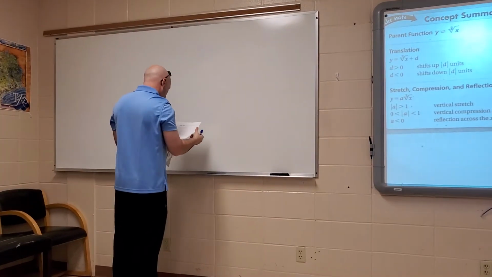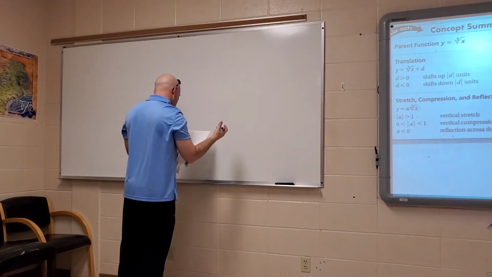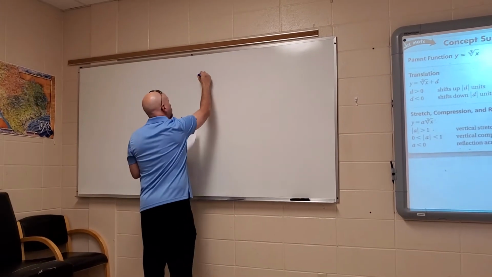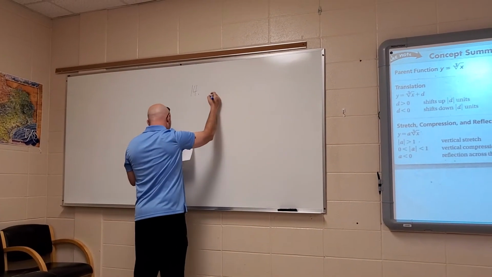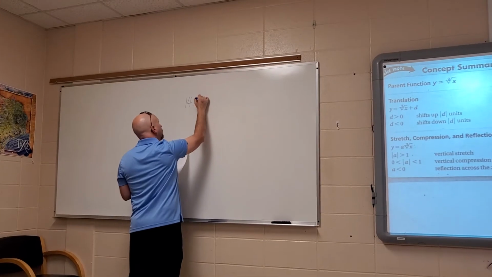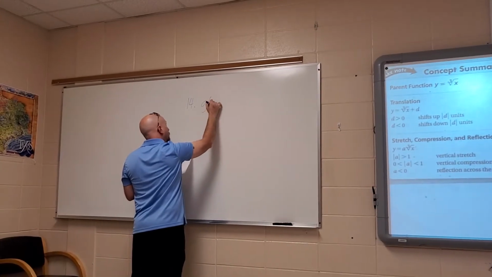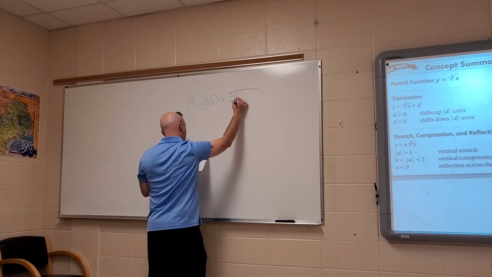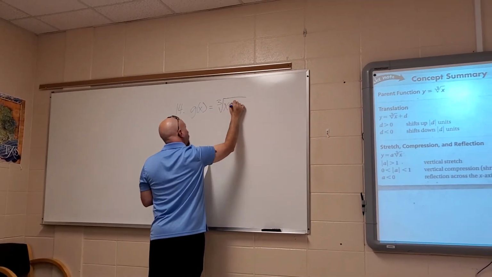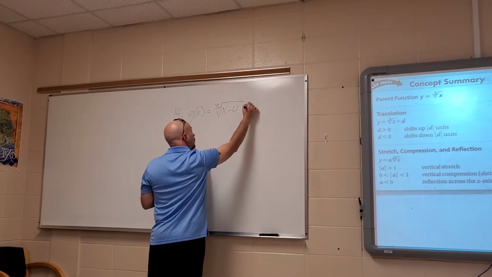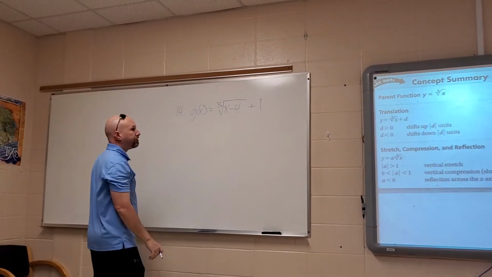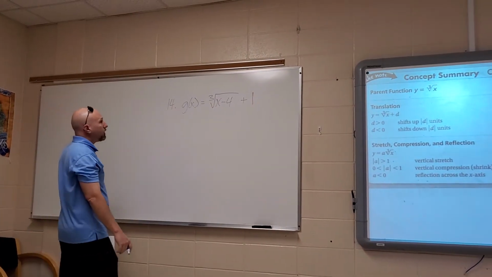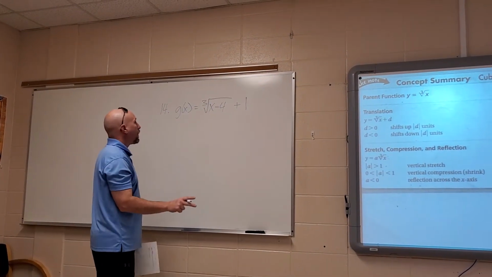Let's do number 14. So 14, g of x is the cube root of x minus 4 plus 1. Okay, so we got two different ones going on here.